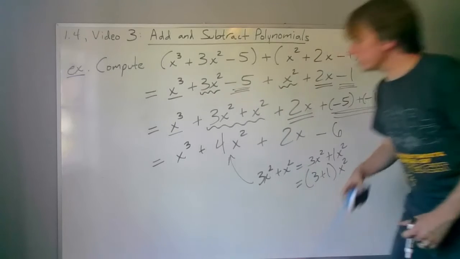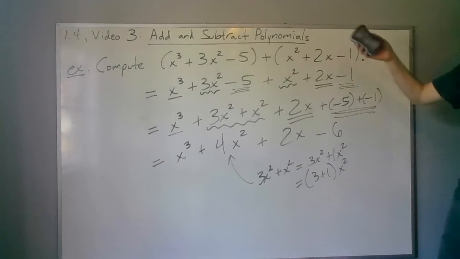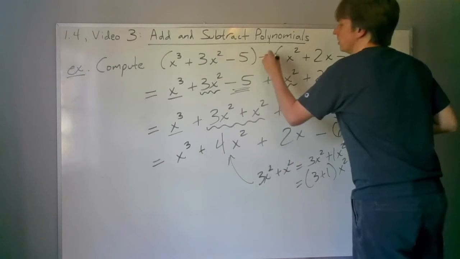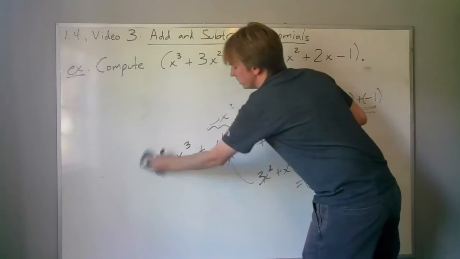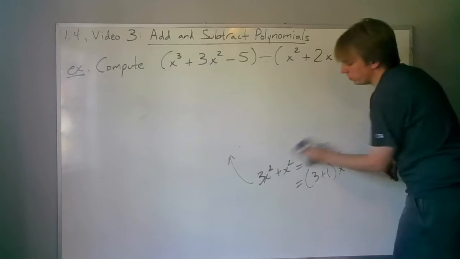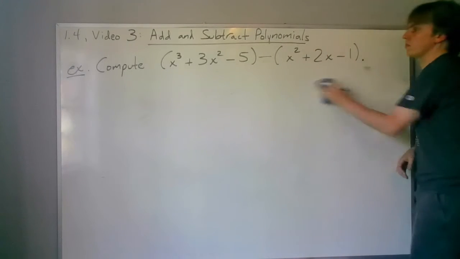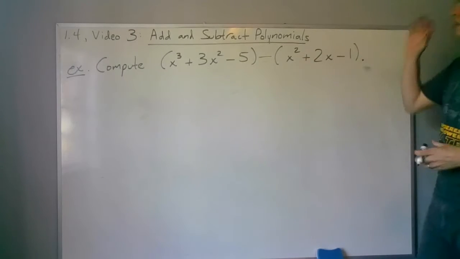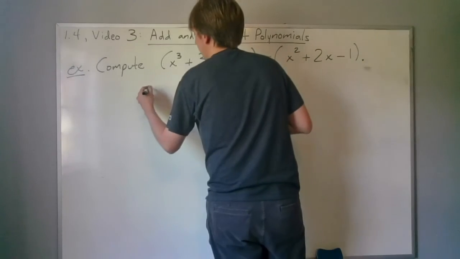Okay. Next thing I'm going to look at, instead of adding, what if I had to subtract two polynomials? So polynomial minus polynomial. I'm actually just going to keep the same two and just write this as a subtraction. So let's see what's different and what's the same if I change the polynomials to be subtracted from each other. Again, I'm going to write in an extra step that may or may not be necessary.